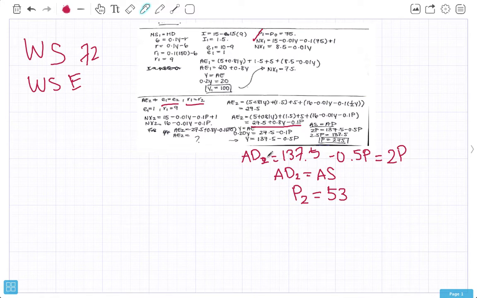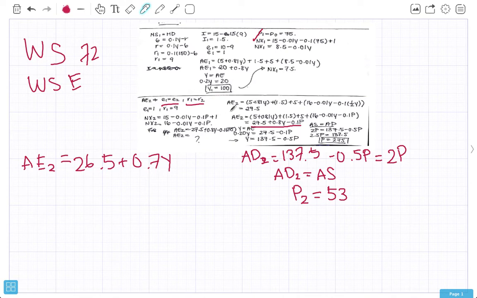You still have to go through this step to find y2, where you just use this equation. So you'll have AE2 equal to 26.5 plus 0.7y.